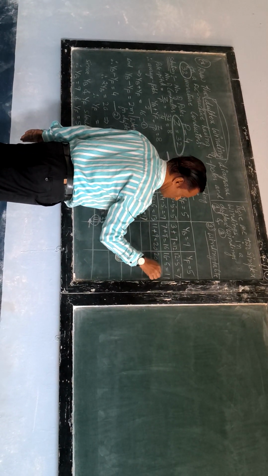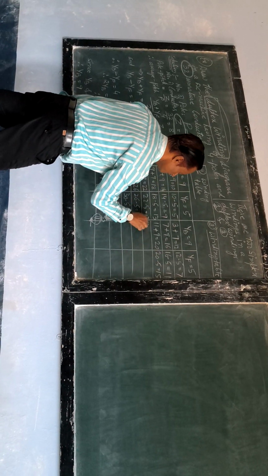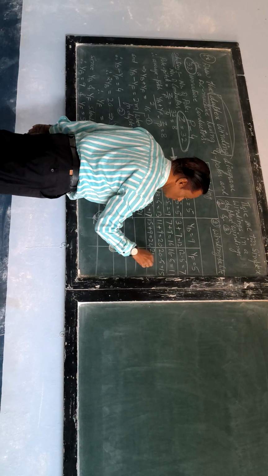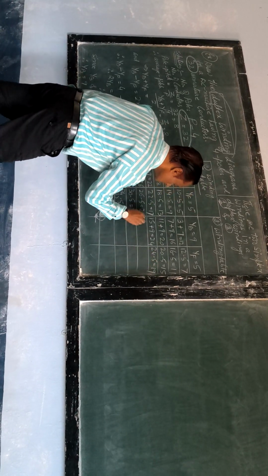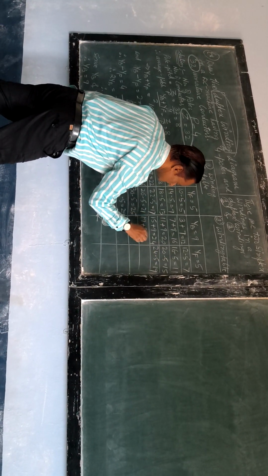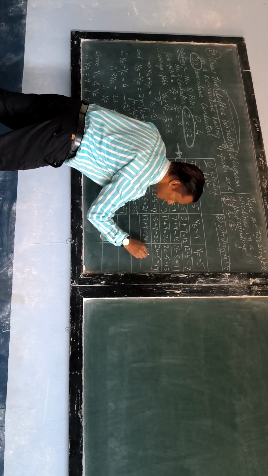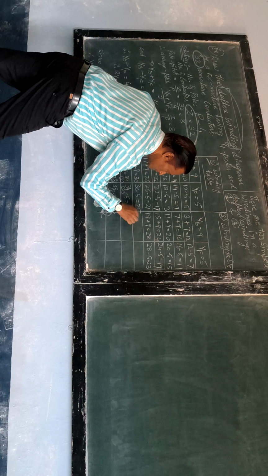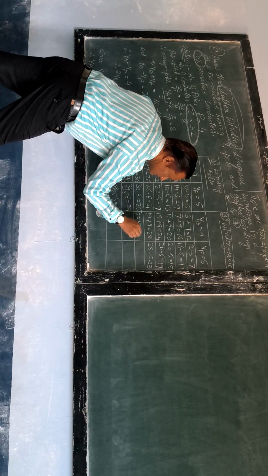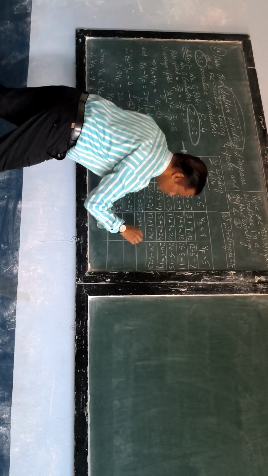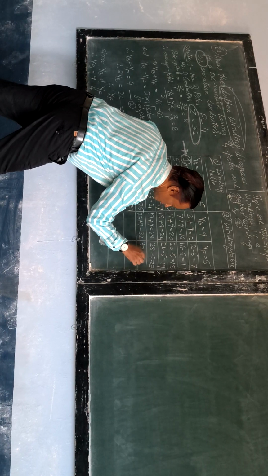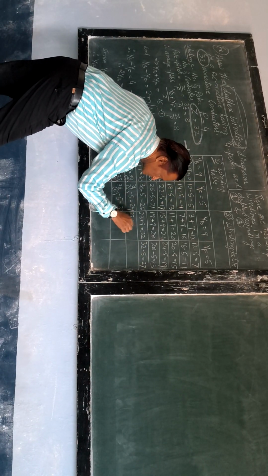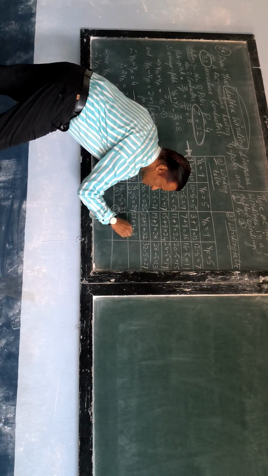This 20 minus 5 is 15. 15 plus 9 is 24. 24 minus 5 is 19. 19 plus 9 is 28. 28 minus 5 is 23. And 23 plus 9 is 32. 32 minus 5 is 27. 27 plus 9 is 36.